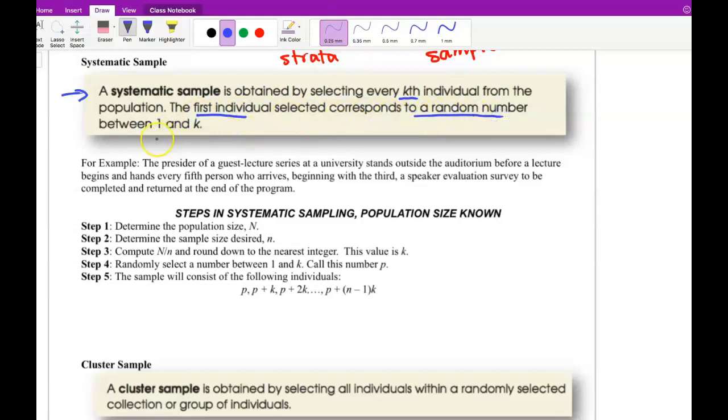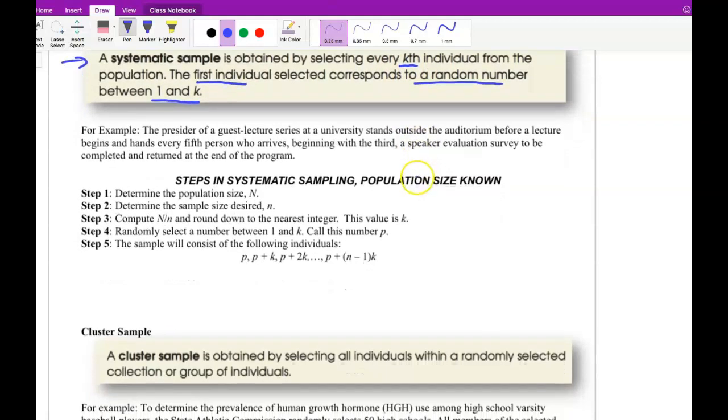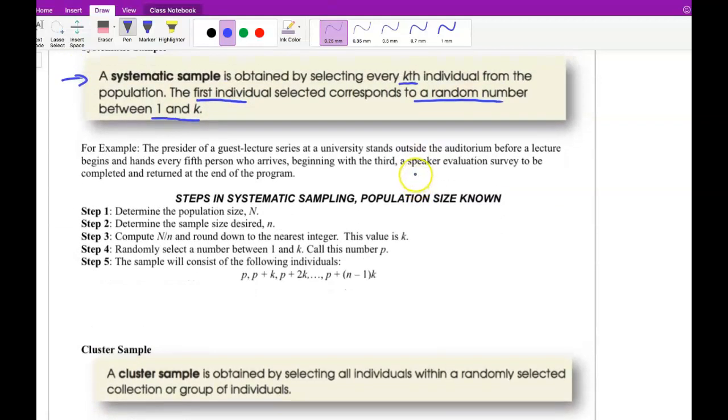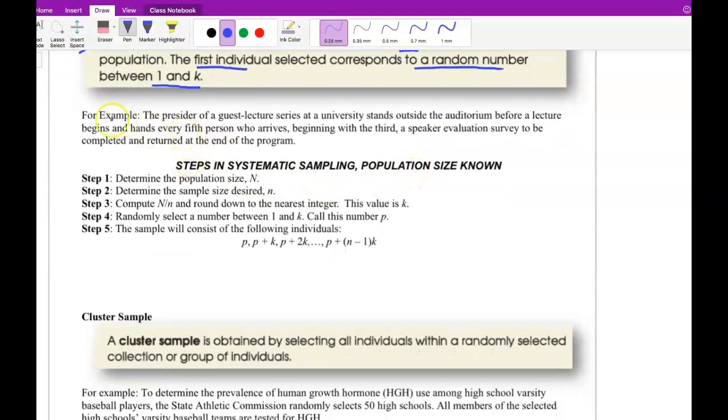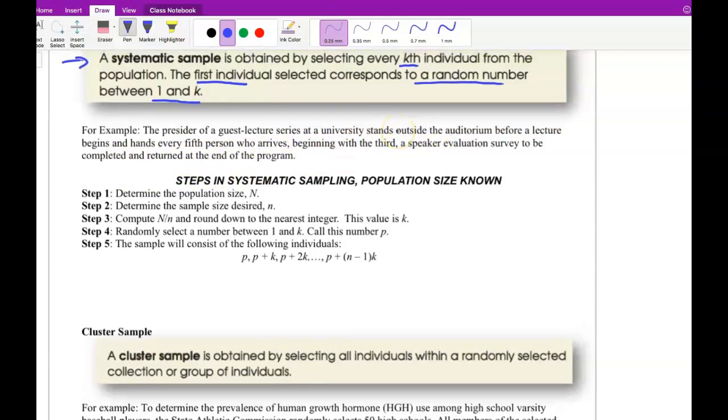It's a random number between 1 and k. Okay, example. I want to have another example to make that more simple.